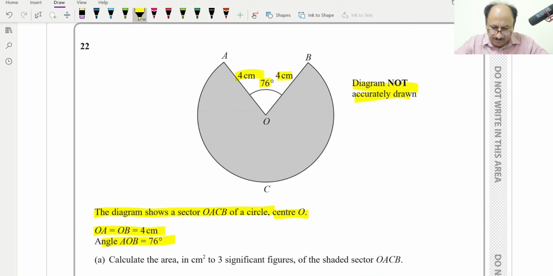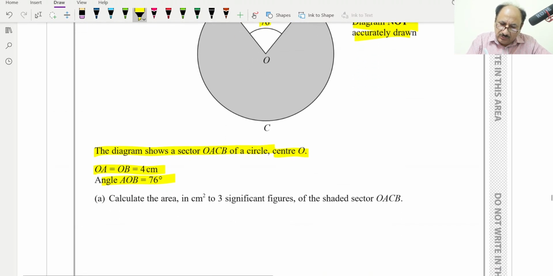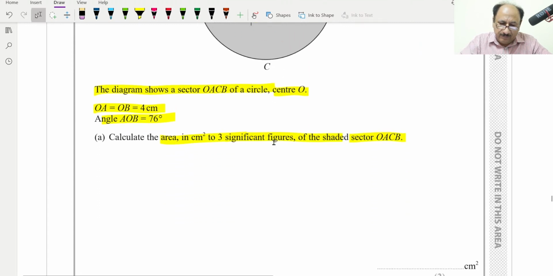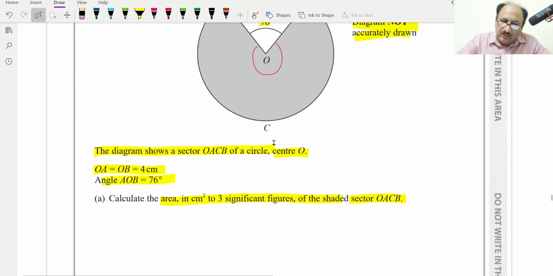Calculate the area in centimeter square to 3 significant figures of the shaded sector. So what we will do, we will calculate this reflex angle first, and for this reflex angle we can take 360 minus 76.